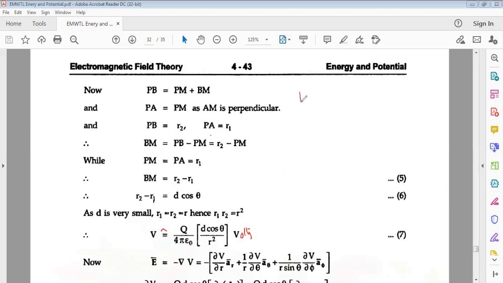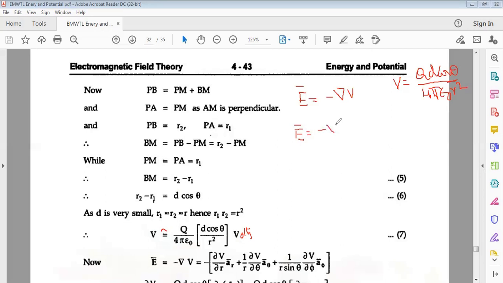Now, from the gradient of V, E bar is equal to minus del V. What is V? We got V is equal to Q d cos theta by 4 pi epsilon naught R square. Substitute here because it is a spherical coordinate system.